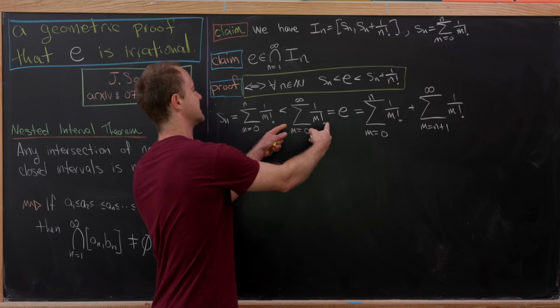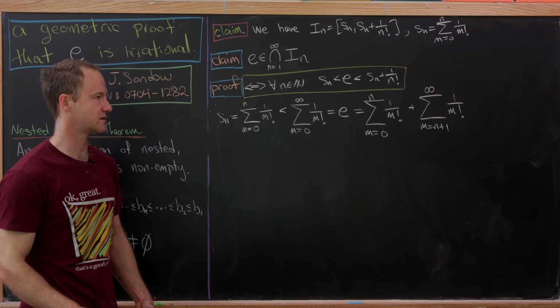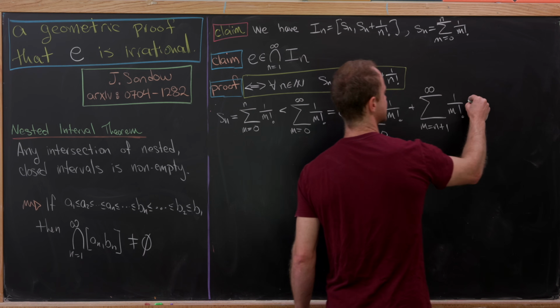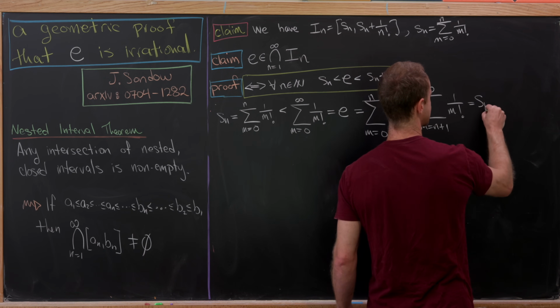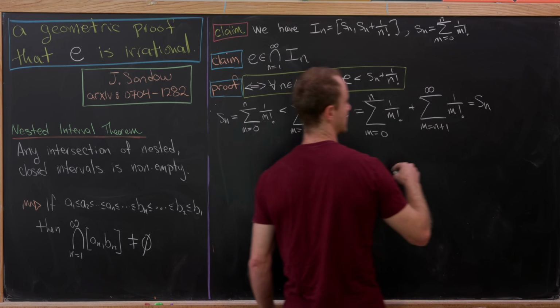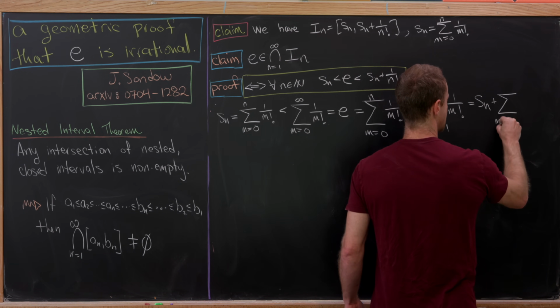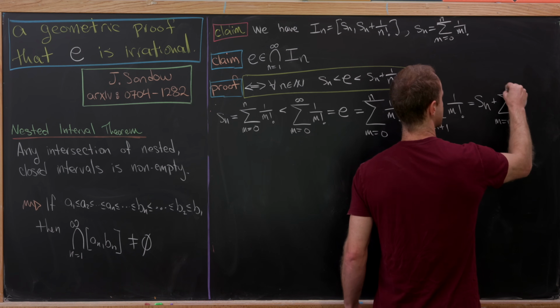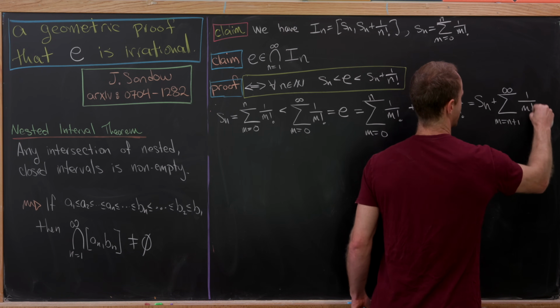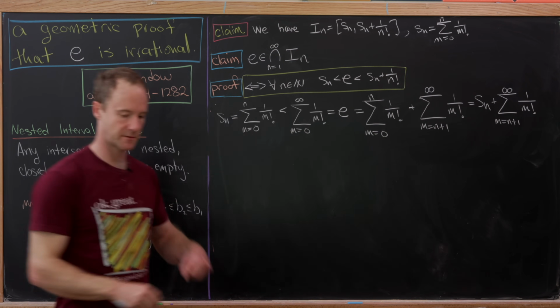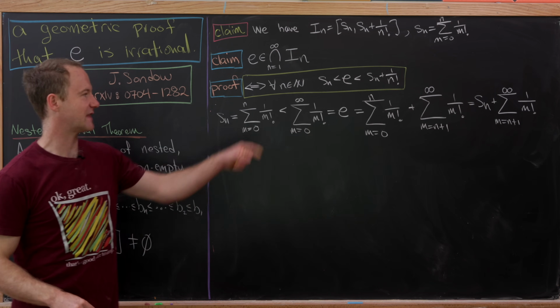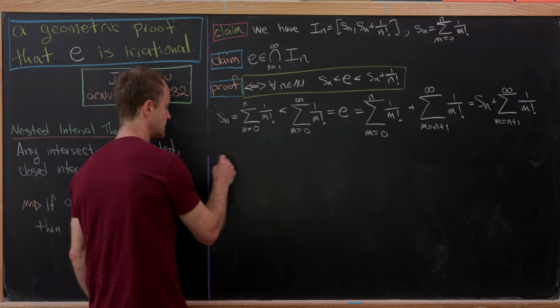That's just splitting this sum into two pieces. Let's notice that this is simply equal to s sub n, that's the first one, plus the sum as m goes from n plus 1 to infinity of 1 over m factorial. I just copied that one over. Now we'd like to start manipulating that second thing right there. So let's bring it down.